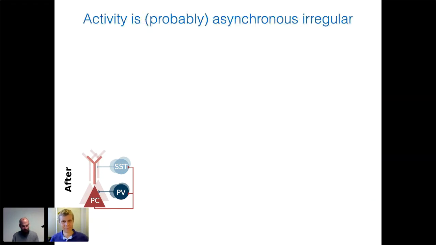Okay, so something that might be interesting to some of you as well is the question of what the activity patterns in these circuits actually look like. Because often when you do optimization in spiking circuits, the outcome is not necessarily very brain-like. At least in our hands, when we try to train spiking networks for decision making, they found weird hacks that really didn't look like cortex.